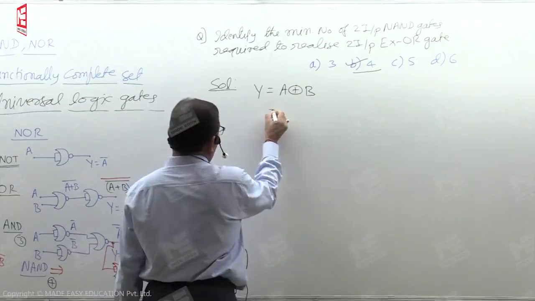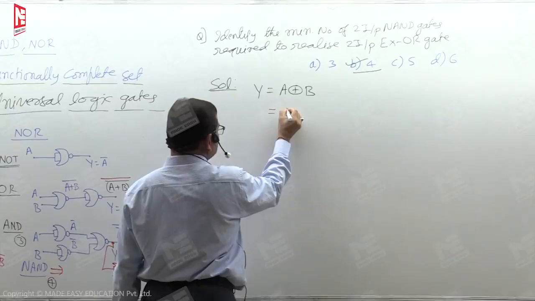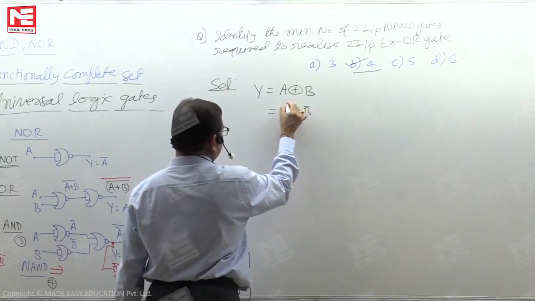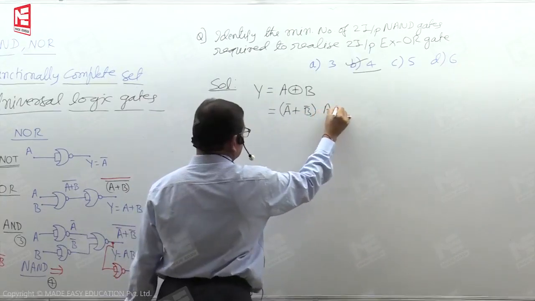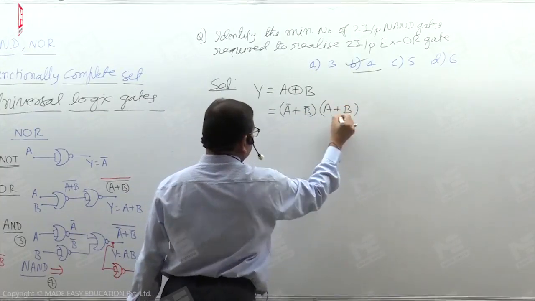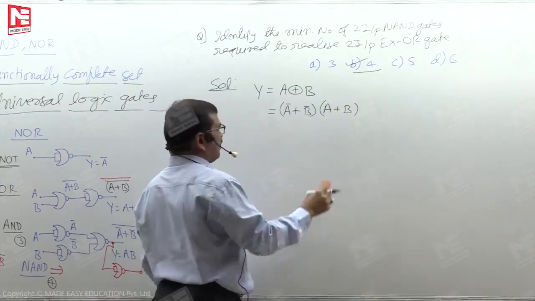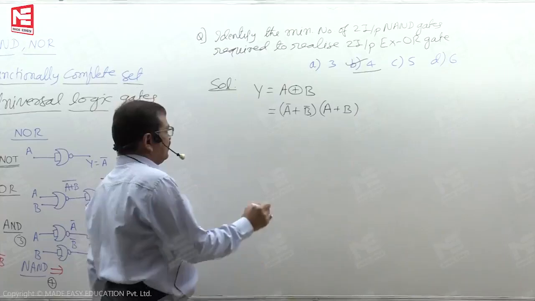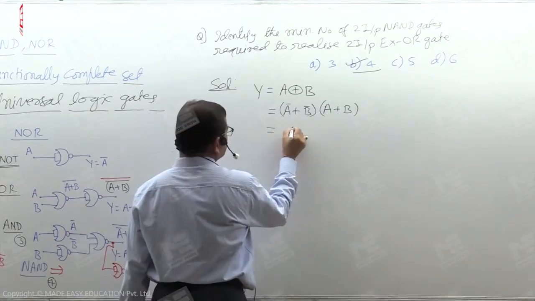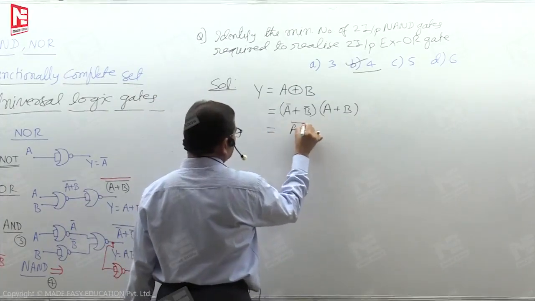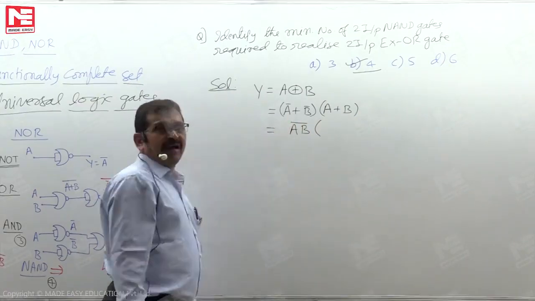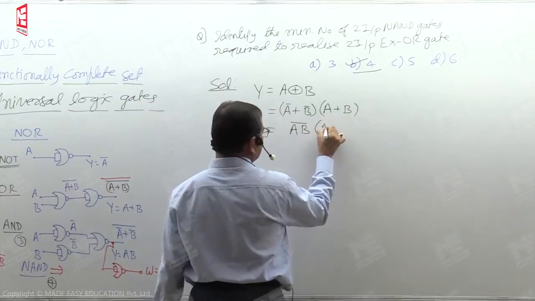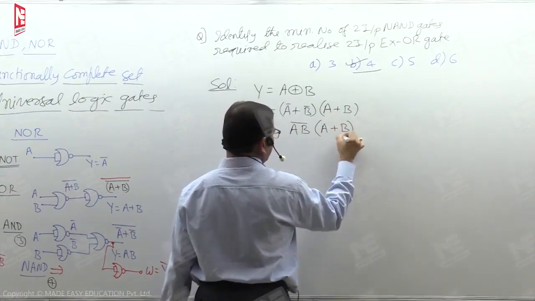Reading this A exclusive OR B as a POS form, the POS expression is (A complement or B complement) and (A or B). By using De Morgan's property, it is possible to read the first sum term as (AB) whole complement. So (AB) whole complement and with (A or B).